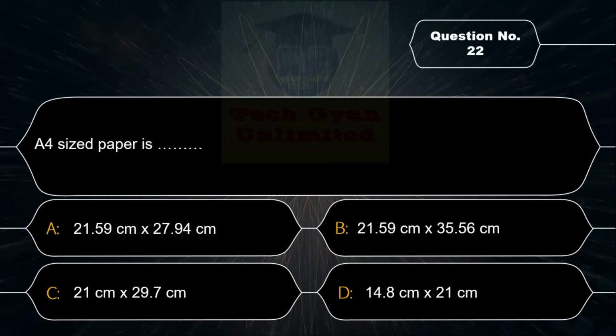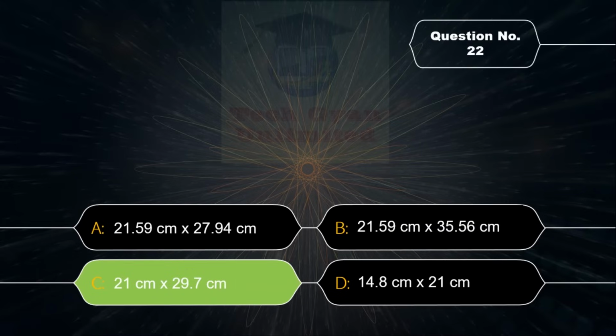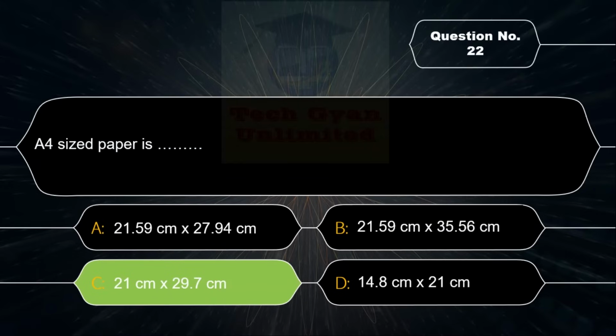Option D, 14.8 cm by 21 cm. Correct answer is option C. A4 paper size is 21 cm by 29.7 cm.